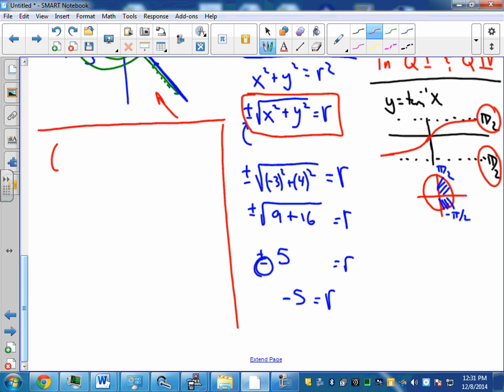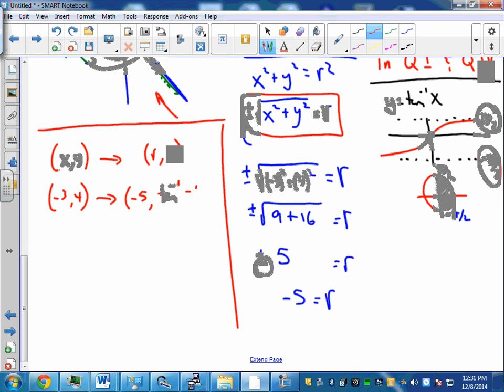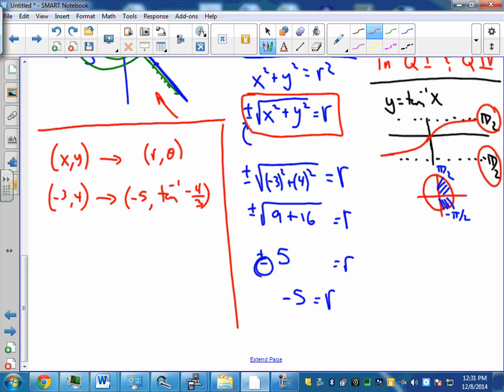So our xy, -3, 4, converts to r theta as -5, and then the tan inverse of -4/3. Okay, r theta.